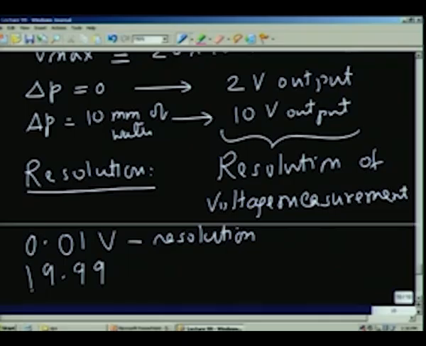You realize that there are 4 digits, 4 numbers here. The first one is half digit because it can go up to 0 to 1. The other 3 can go to 0 to 9. Okay. This is 3.5 digit resolution.